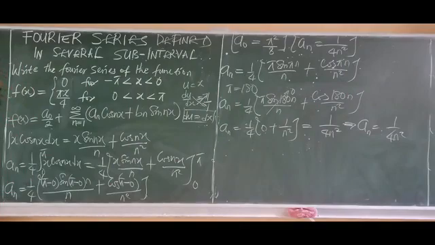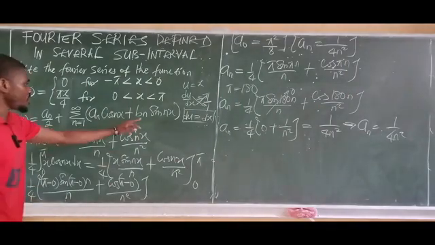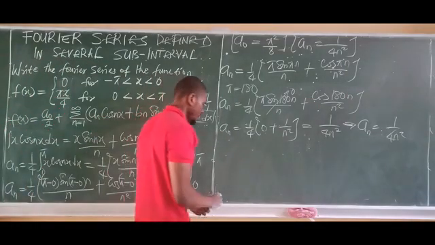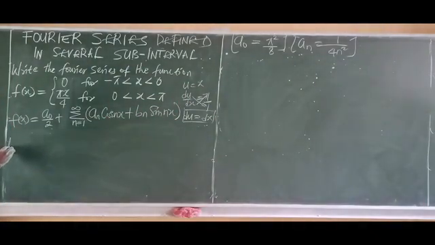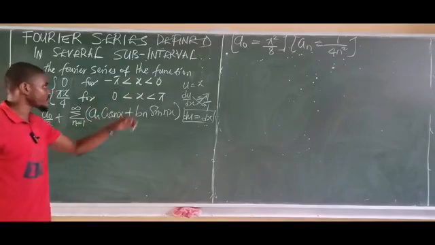Having found an, finally we find what? Bn, which is the last Fourier constant. So to find bn, it is equal to same thing, 1 all over pi integral for the very first limit. First limit is from minus pi to 0.